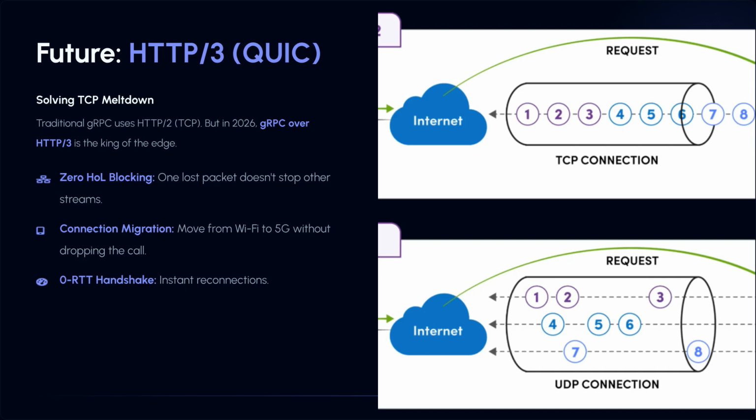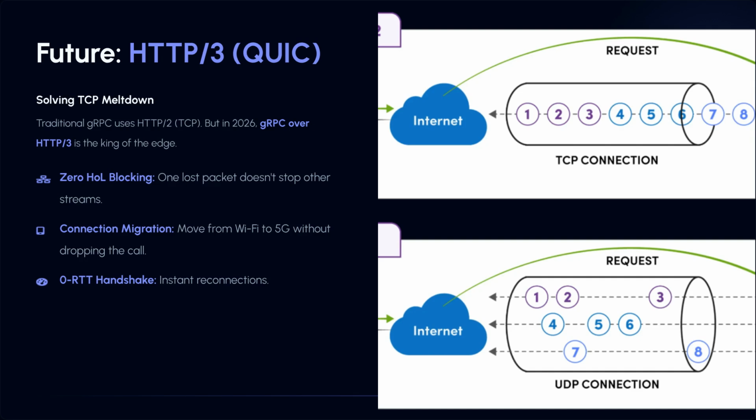Traditionally, gRPC runs on HTTP2, and HTTP2 itself is already very powerful. But the future is HTTP3. HTTP3 is built on QUIC instead of TCP. Why does that matter? Because it solves some long-standing networking challenges. Zero head-of-line blocking. With TCP, one lost packet can slow everything down. QUIC avoids that issue. Connection migration.